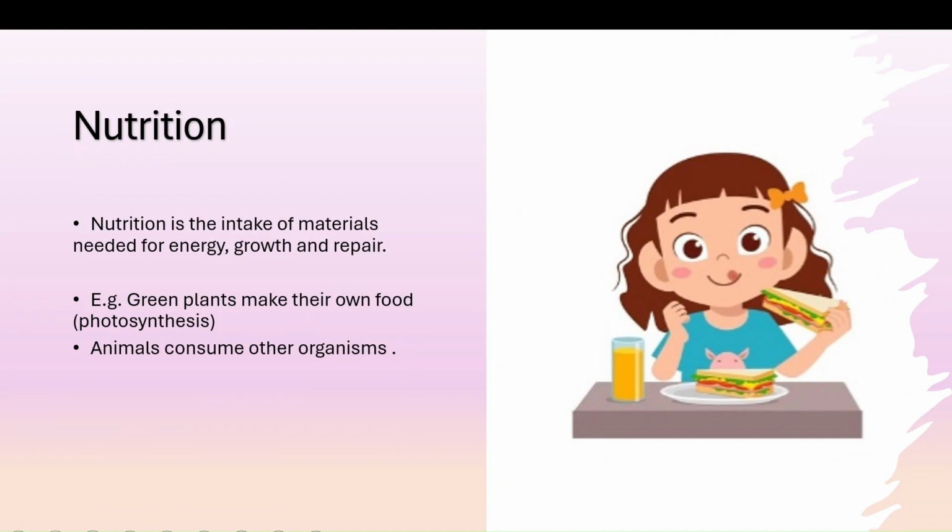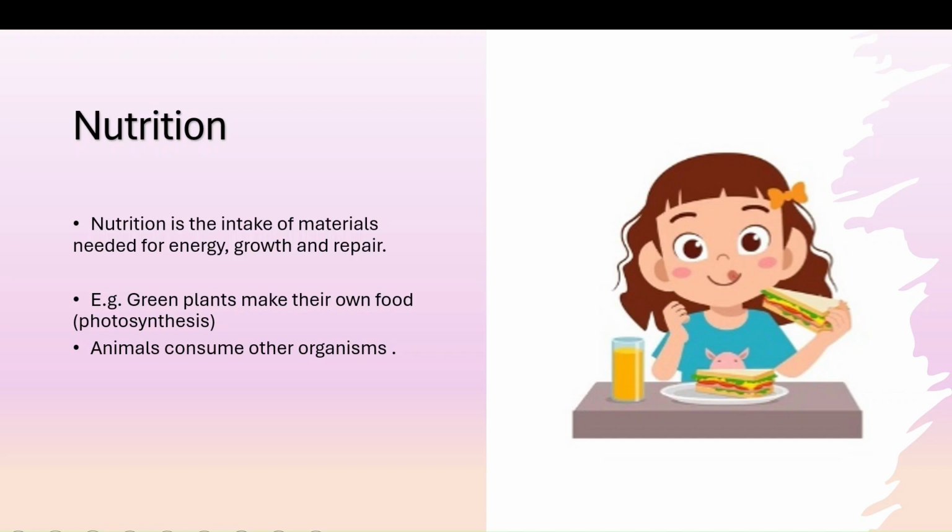Next is nutrition. Nutrition is the intake of materials that are needed for energy, growth, and repair. So there's two main strategies. There's autotrophs, like plants. They make their own food by photosynthesis. So autotrophs are organisms that make their own food.